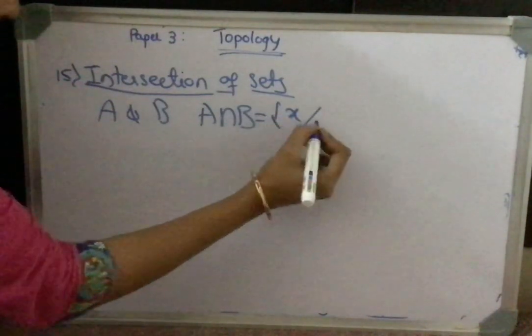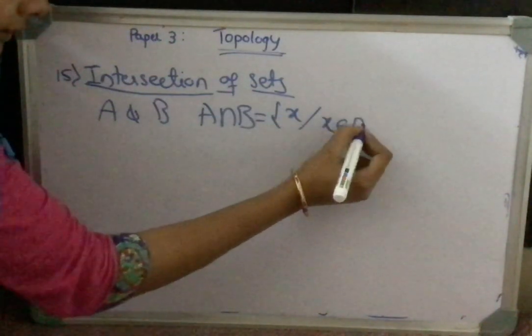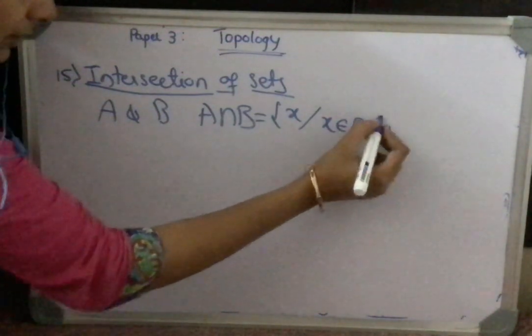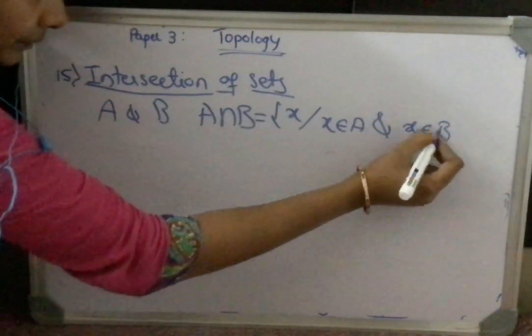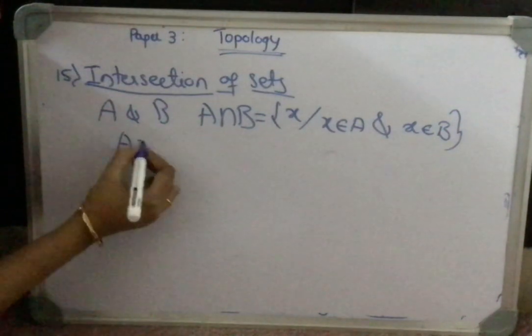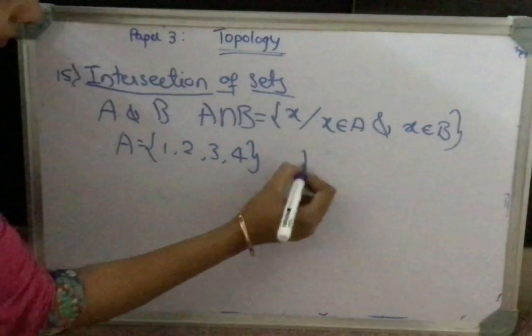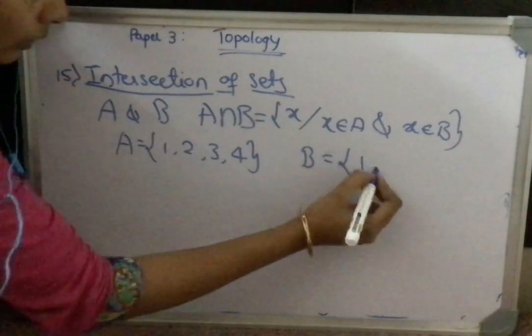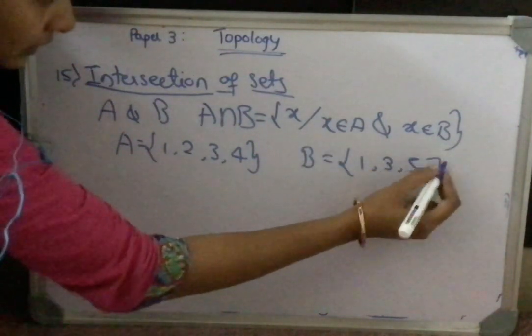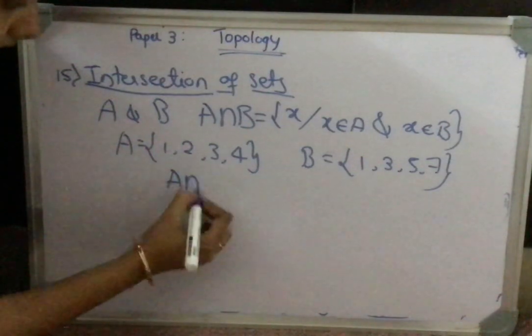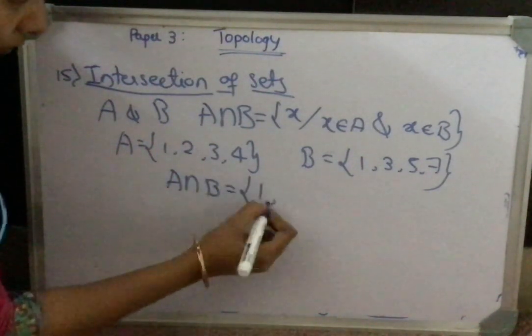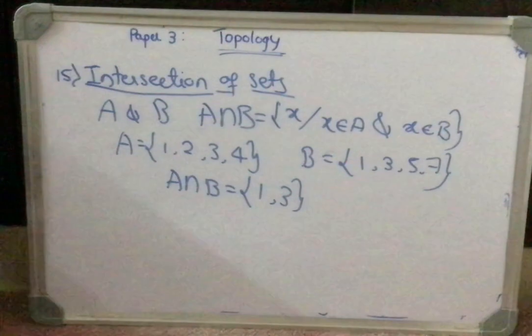It contains the elements such that the element should be in A and B. Okay, for example, B is equal to 1 3 5 7, then A intersection B will be 1 3.